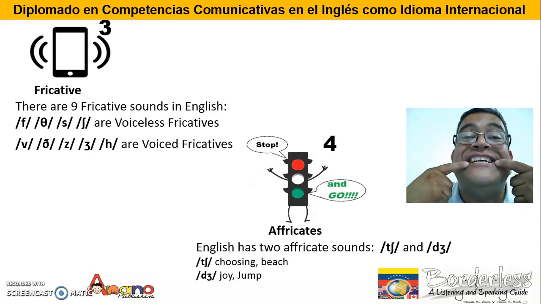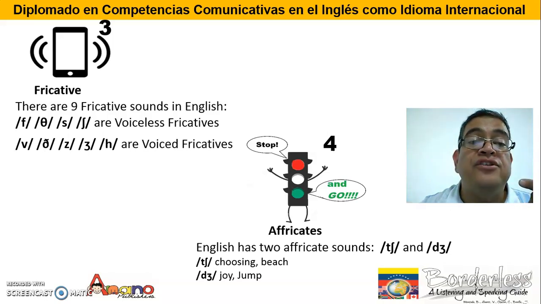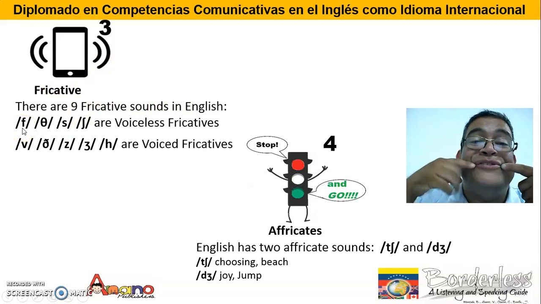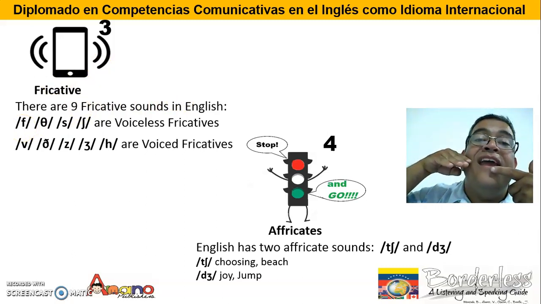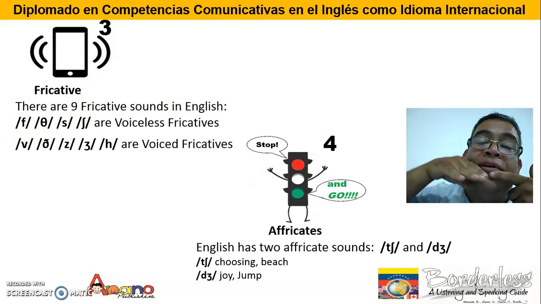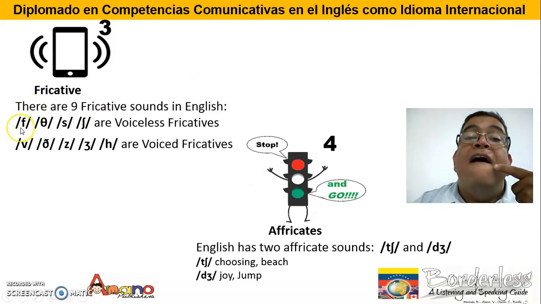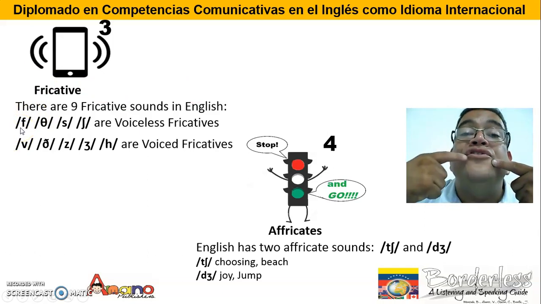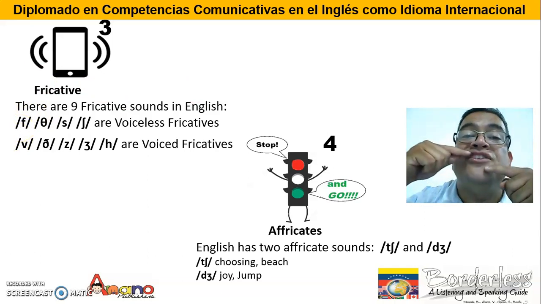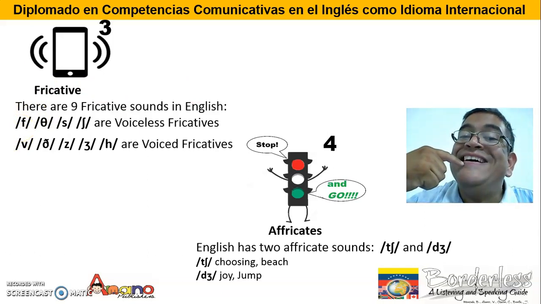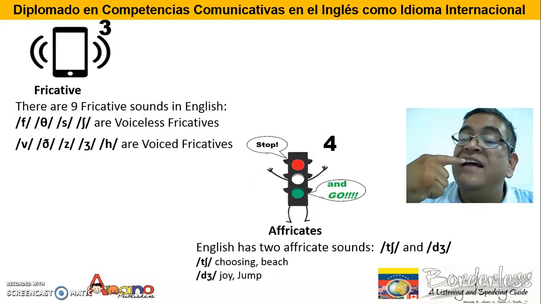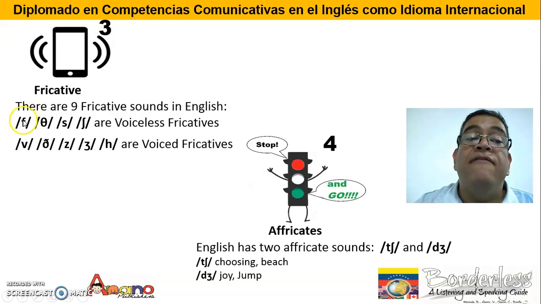There are nine fricative sounds in English, and the air produces friction when it comes out from the mouth. For example, one of these is f, so you feel the air makes friction between the lip and the upper teeth, like this, okay, the lips and the upper teeth. That's in the case of f.